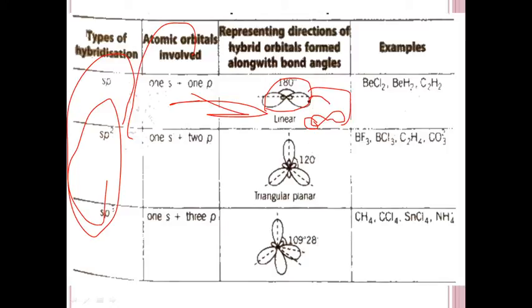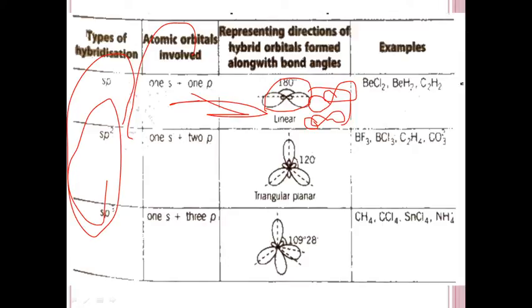You are getting two lobes, you see. Like this you are getting one particular orbital, and those orbitals are aligned in a linear fashion at 180-degree angle. That is why the shape is linear. So this is giving us more clarity than the valence shell electron pair repulsion theory. VSEPR theory predicts the shape of molecules 90%, but it still has some disadvantages. So this hybridization theory gives more insight into this concept.